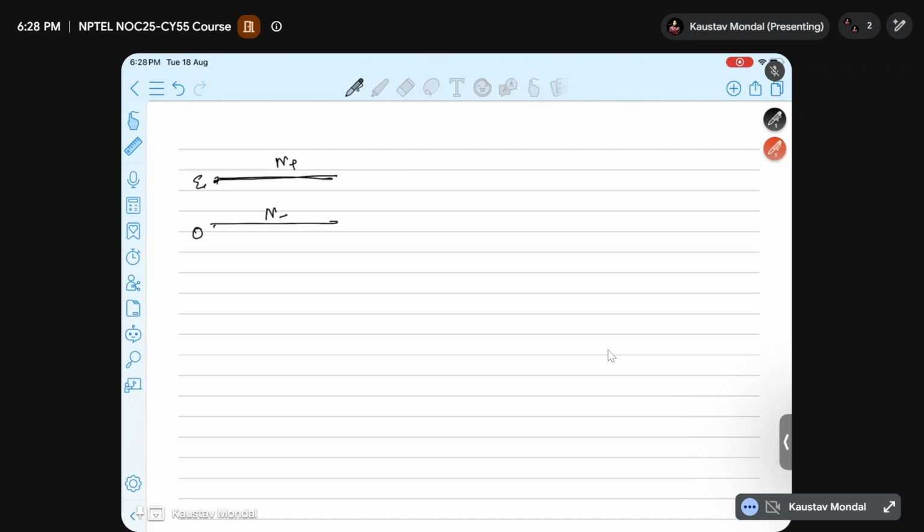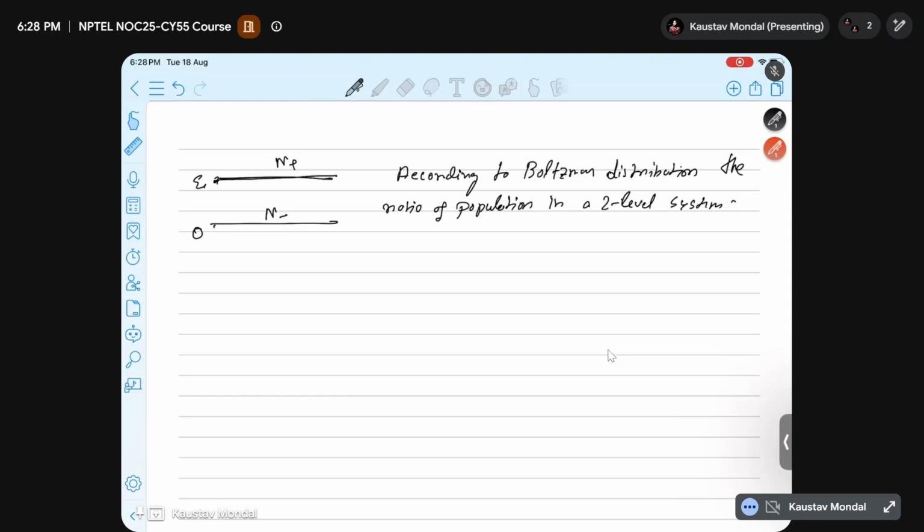So according to the Boltzmann distribution, the ratio of population in a system is given by n plus divided by n minus equal to e to the power minus E by kBT.